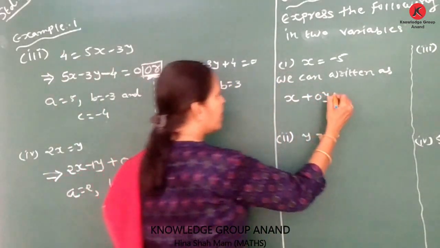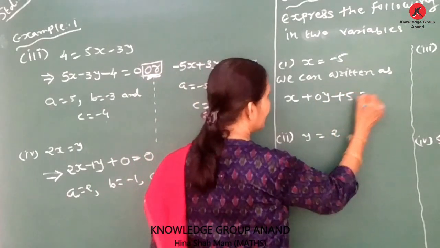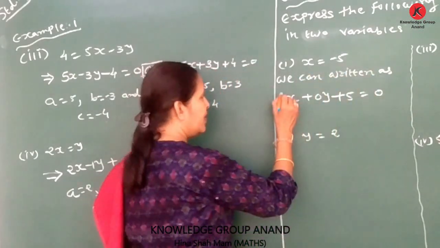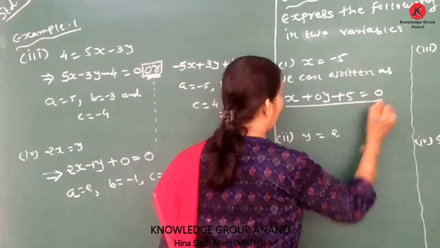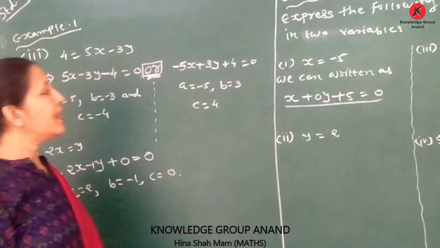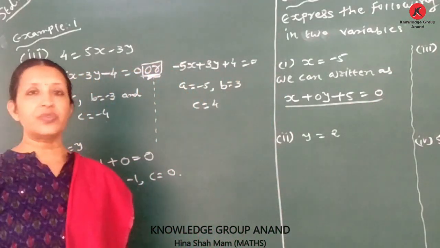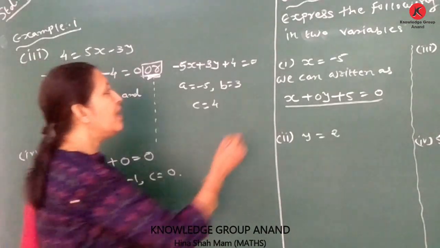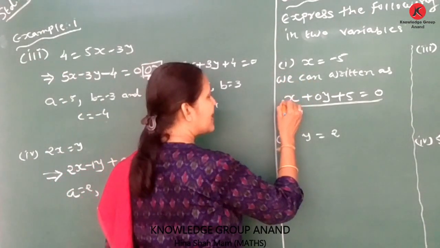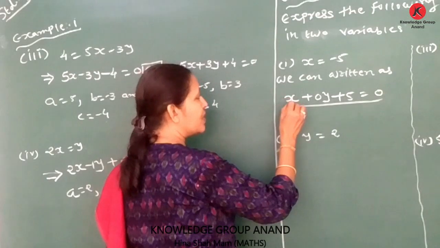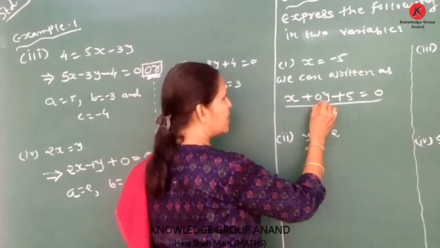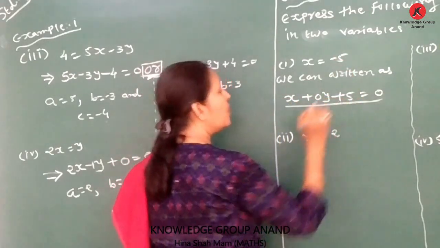Minus 5 plus 5 equals to 0. This can be written as x plus 0y plus 5 is equal to 0 in two variables. Coefficient of x, a, that means a is equal to 1, b is equal to 0 and c is equal to 5.